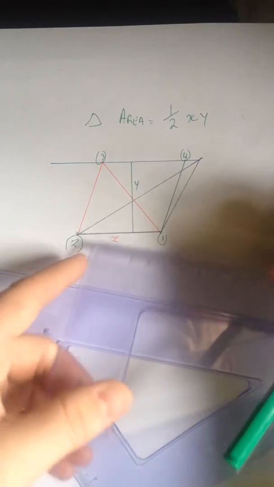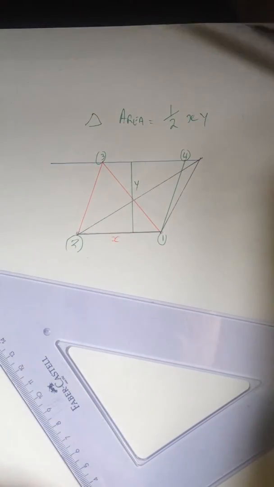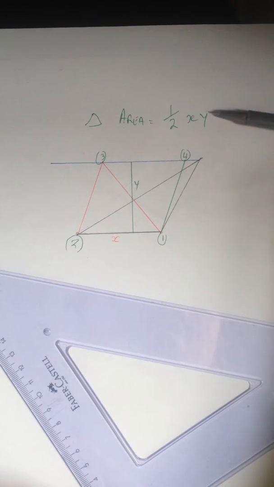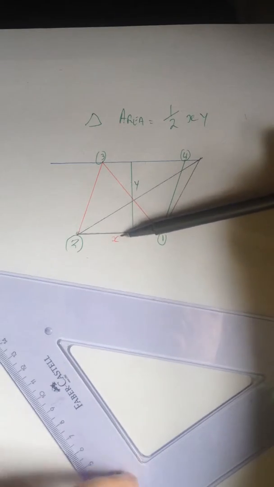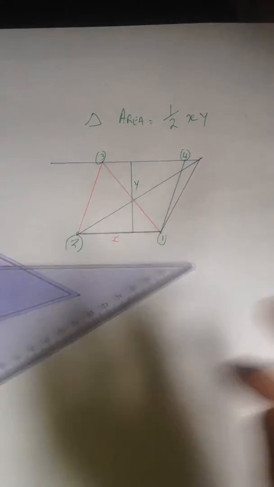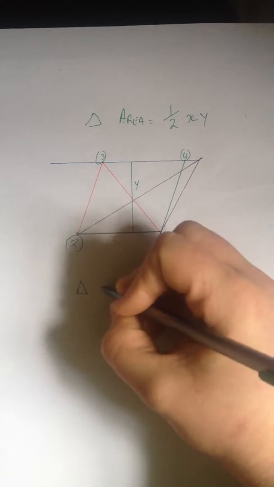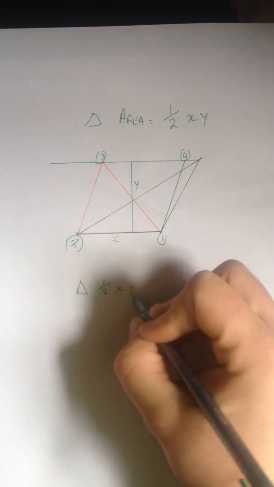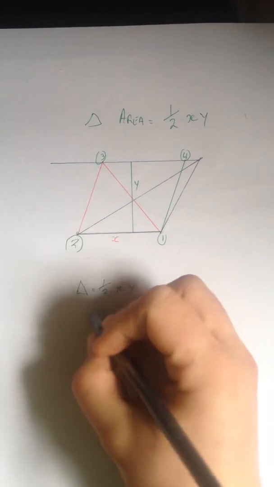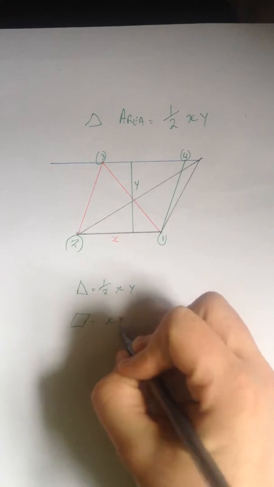And for this, we know that these have a common area. So that's how we know that the area of a triangle is half the base by the perpendicular height, because it's half the base of the parallelogram, which is the base by the height. So if you write that mathematically, you'll see that the area of a triangle is half the base by the perpendicular height, and the area of a parallelogram is equal to the base by the perpendicular height.